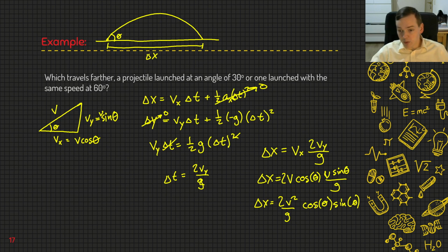If we go in and plug in the sine and cosine of those angles, you'll notice something interesting pop up. You'll find that cosine of 30 times sine of 30 and cosine of 60 times sine of 60 should give you the same values, right?